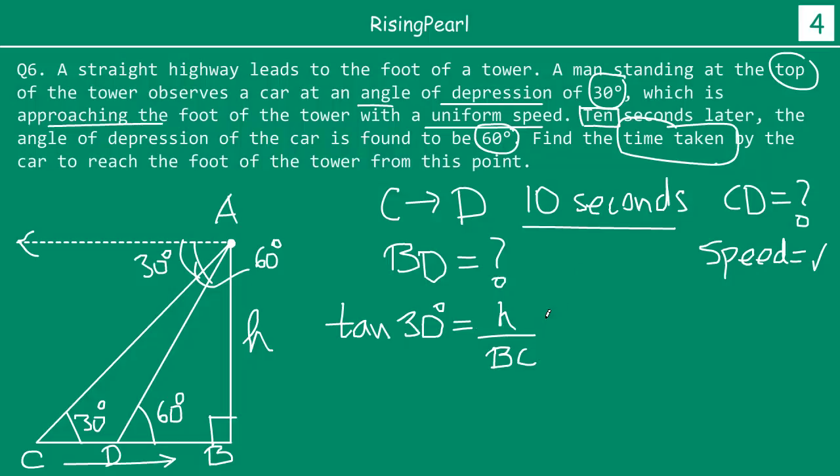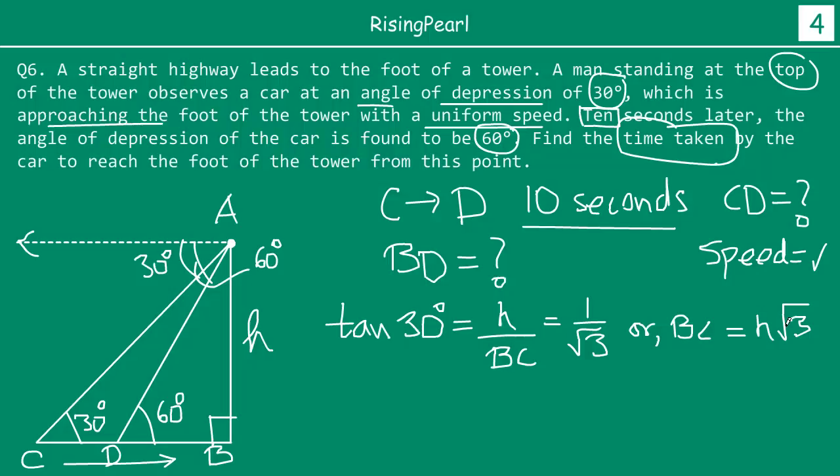Now tan 30 degrees is 1 by square root 3, so we can say that BC is equal to h times square root 3.